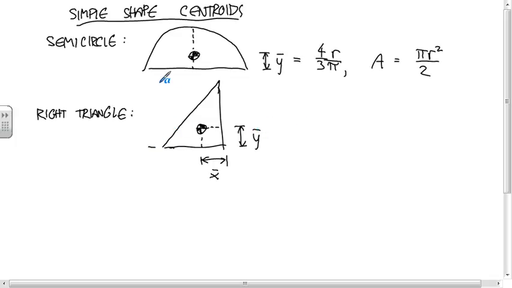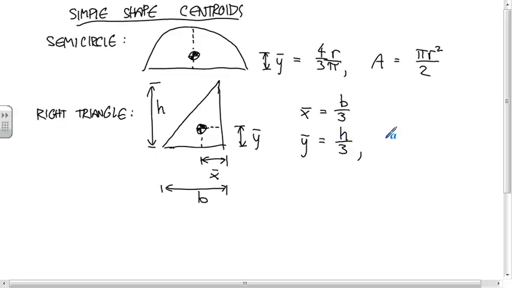If this is the height h and this is the base b, then x bar is equal to b over 3. Y bar is equal to h over 3. And the area of the right triangle is equal to 1/2 bh.